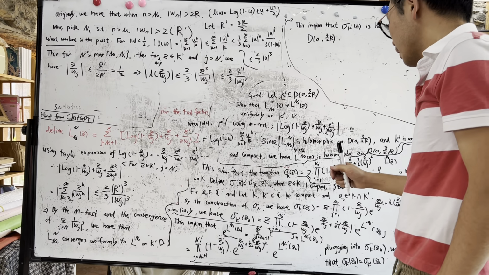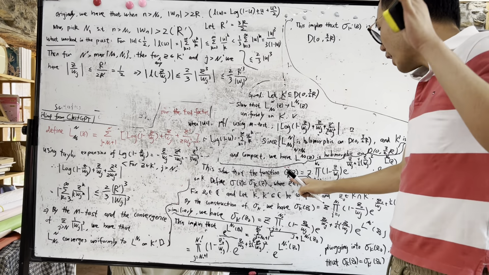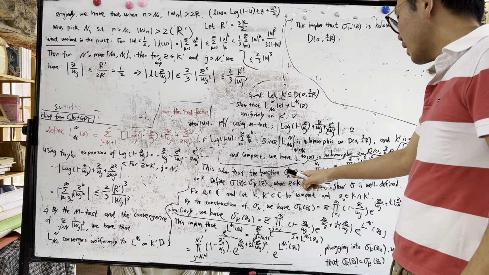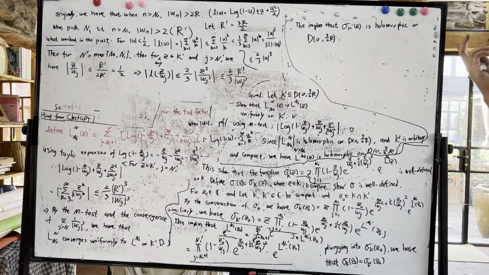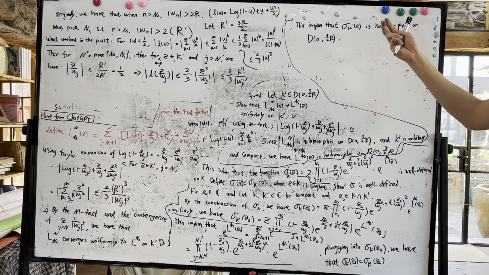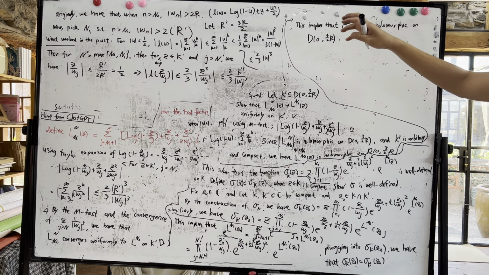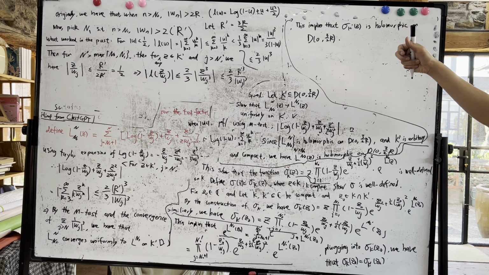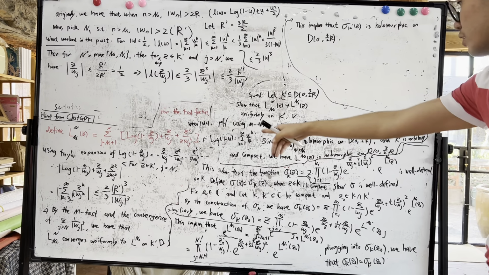So this R is because I picked this R. Remember originally I picked the K first, and then I define the sigma k z according to this compact set K, right? In the very beginning we let R be the supremum over the modulus of z, where z is in K. Based on this R, we define n naught such that when n is bigger than n naught, the modulus of omega n is bigger than 2R, and from there we define this L n naught z to be this function.